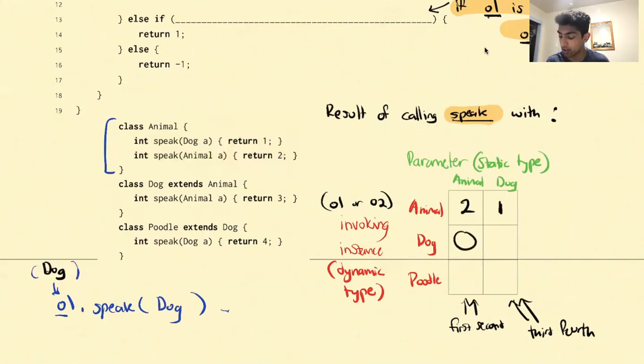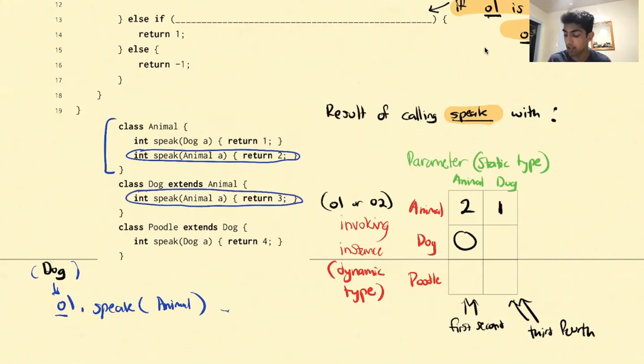Let's say that we do o1.speak to an animal. During compile time, we will lock in on this method signature. And then during runtime, we will choose this method signature from the dog class, because o1 is actually a dog. Okay, so this one will be 3.